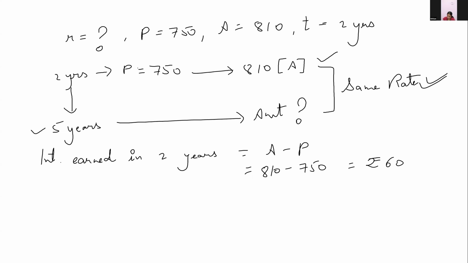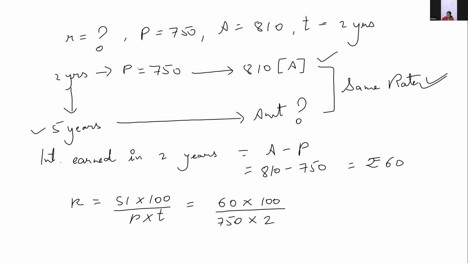Rate will be R equals simple interest into 100 divided by principal into time. So simple interest is how much? We just calculated it: 60 multiplied by 100 divided by principal, 750 into 2.